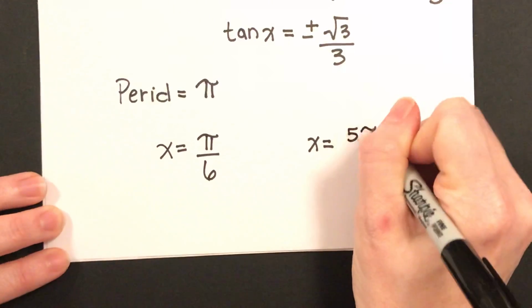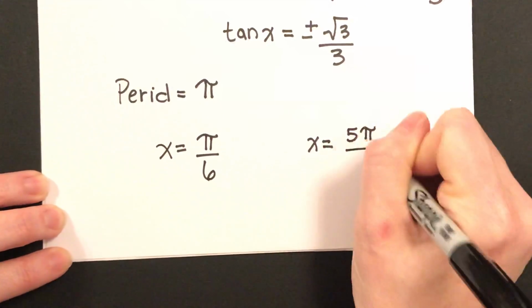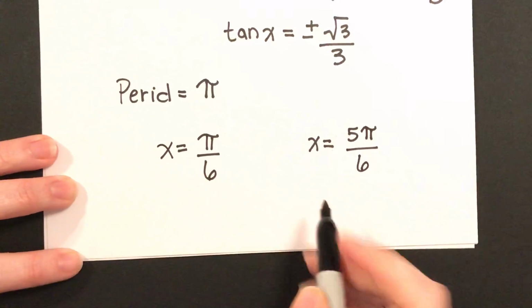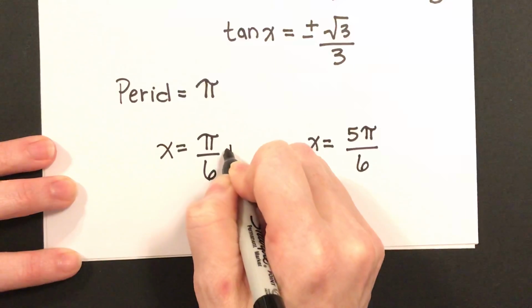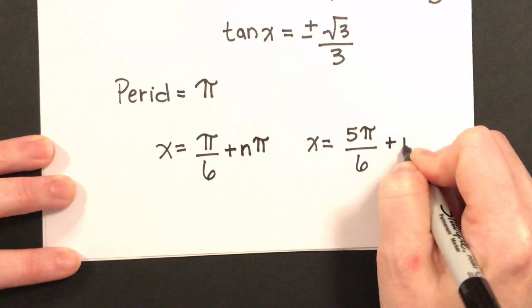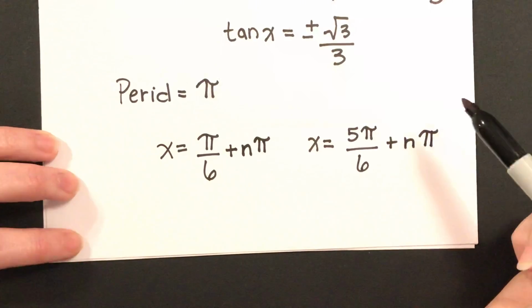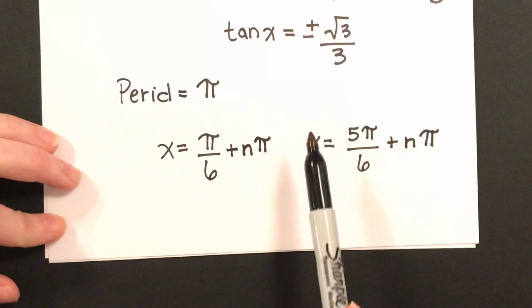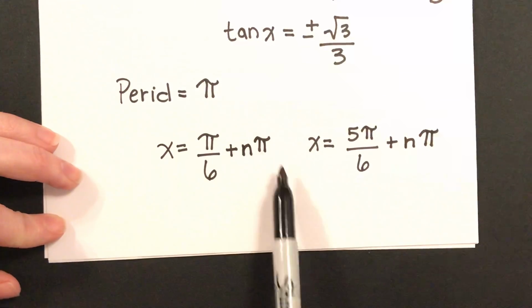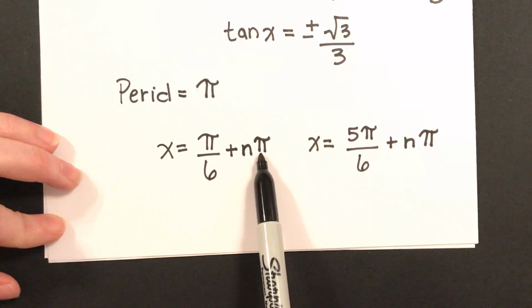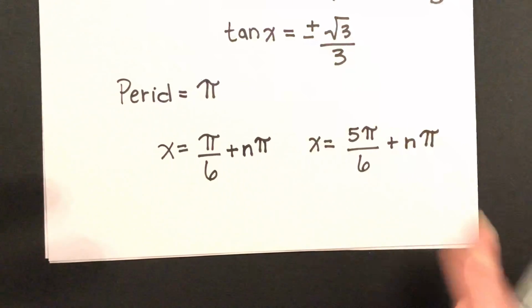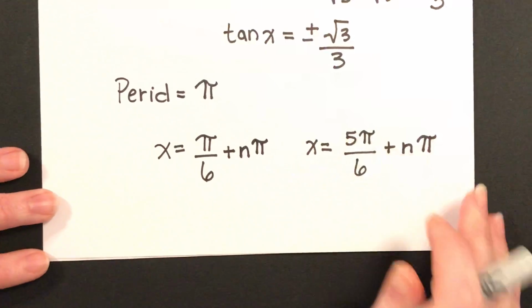You do not have to put anything after pi, anything down in the 3rd and 4th quadrant, because those will be covered with this when we say plus n times pi. So the tangent will be this at pi over 6, plus any number of times pi. Does that make sense? I don't think I said that right, but you'll get the idea. Same here with 5 pi over 6.